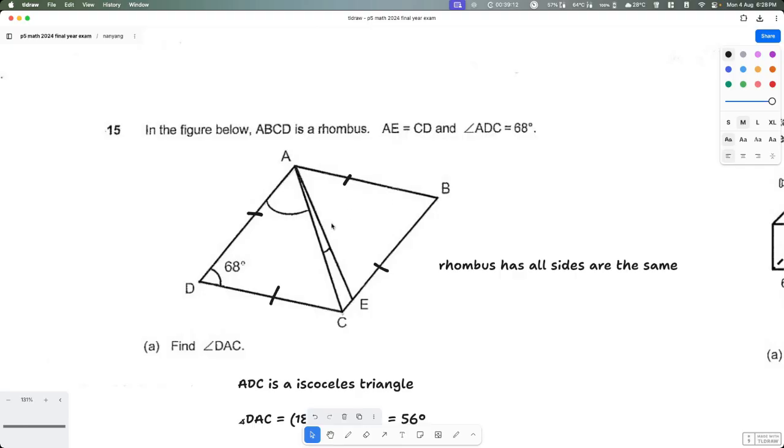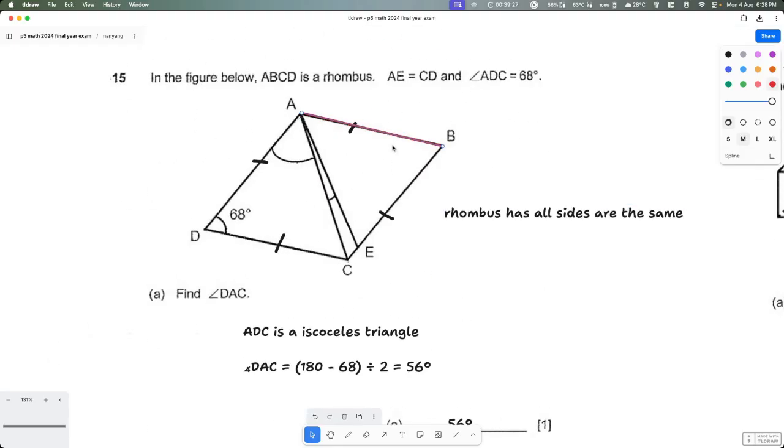That means this over here, let me put the red line. Okay, red line over here. AE is equal to CD. Then red line over here.